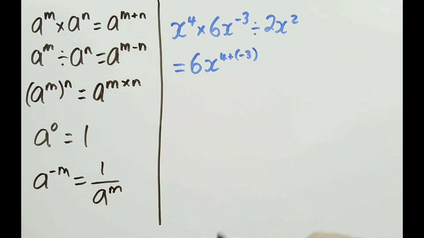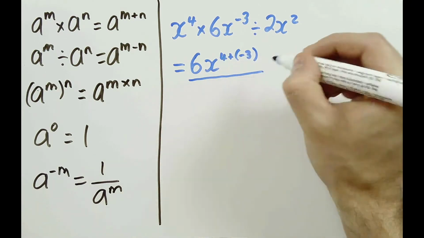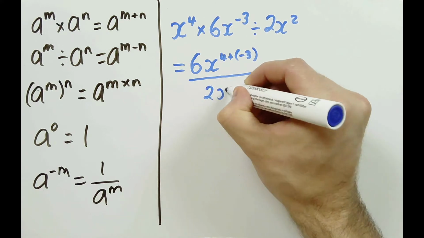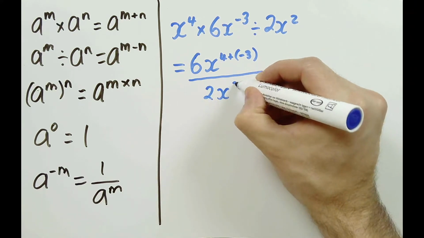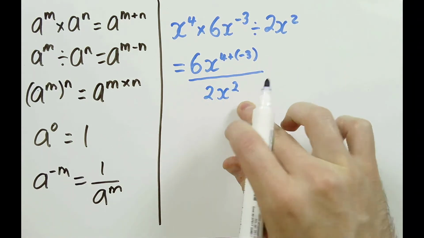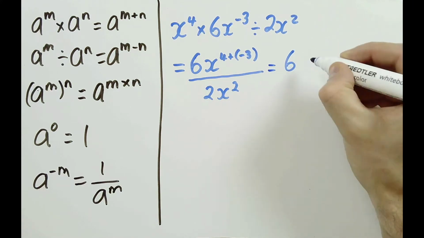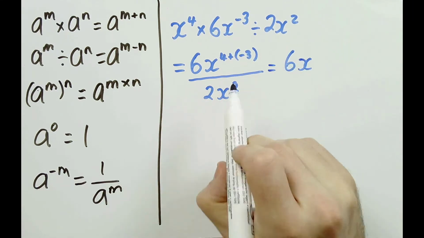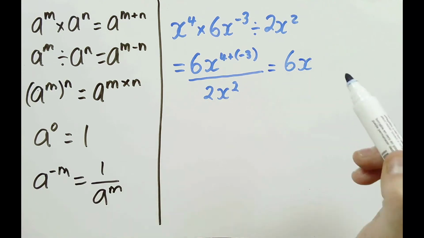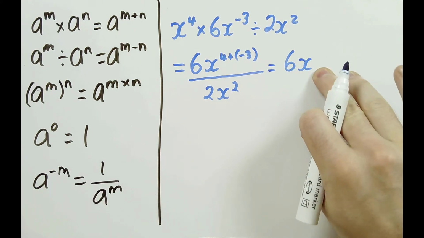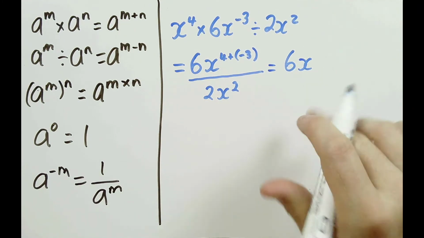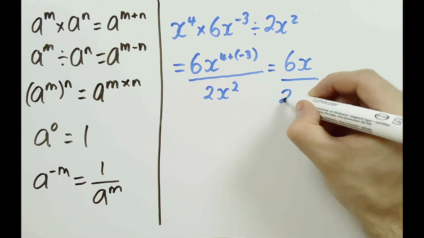And what we can do here once again is, in the denominator, record our second component, 2x to the power of 2. So simplifying this, we're left with 6x, and 4 plus negative 3, 4 minus 3 is 1, so we're just left with 6x, and in the denominator, 2x squared.